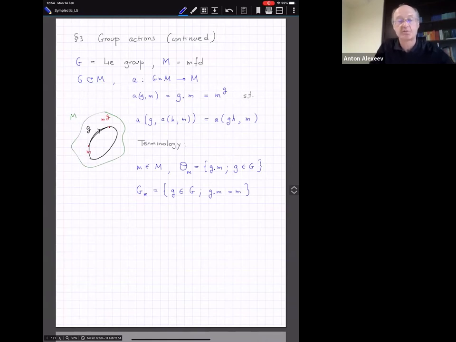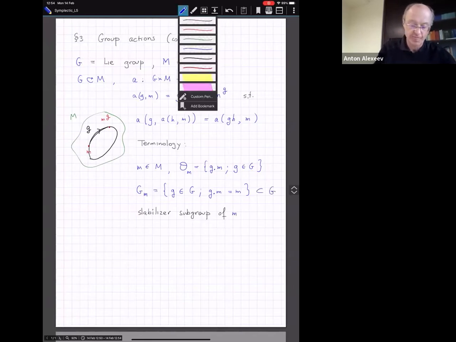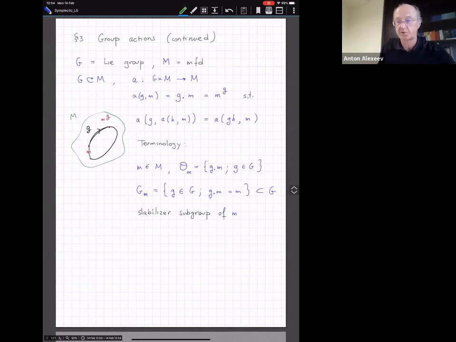So these are the group elements which don't move the point M. This is called the stabilizer subgroup of M. It is sitting inside G, and you probably know it because you have probably seen such things in other courses.